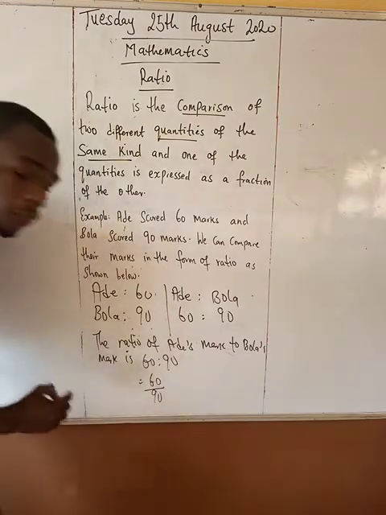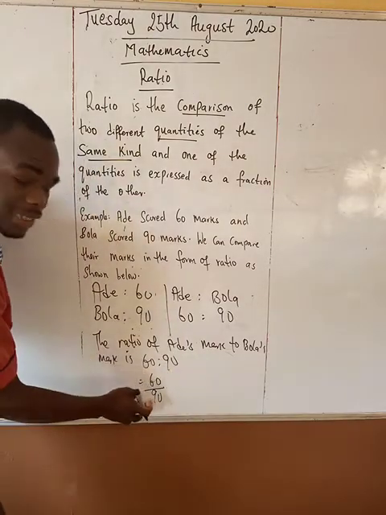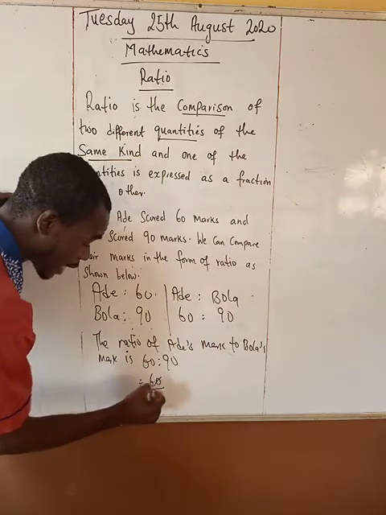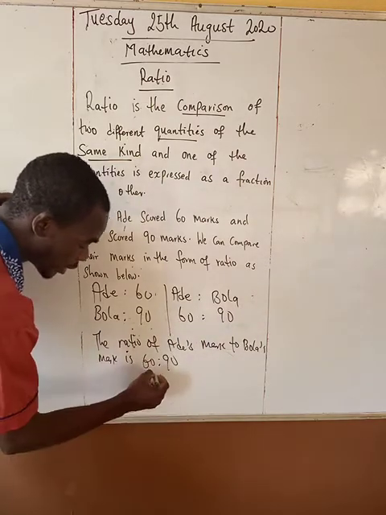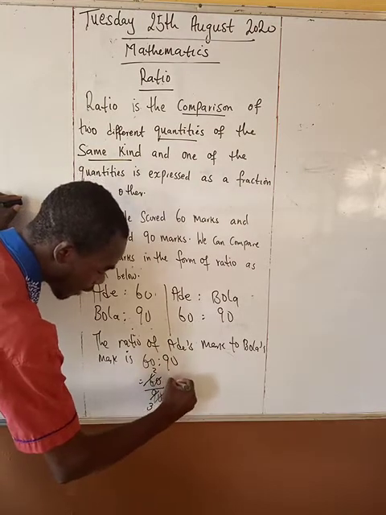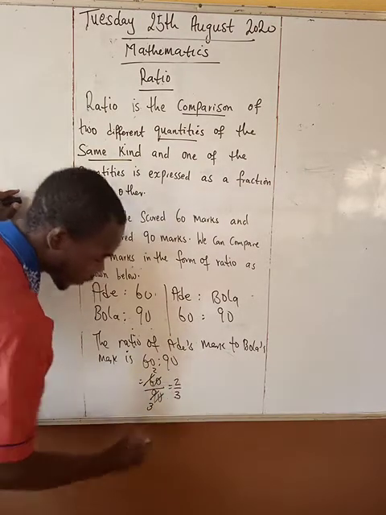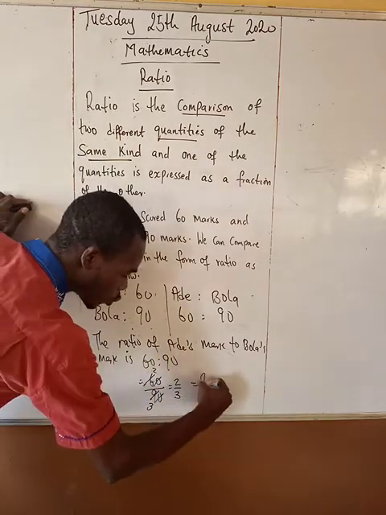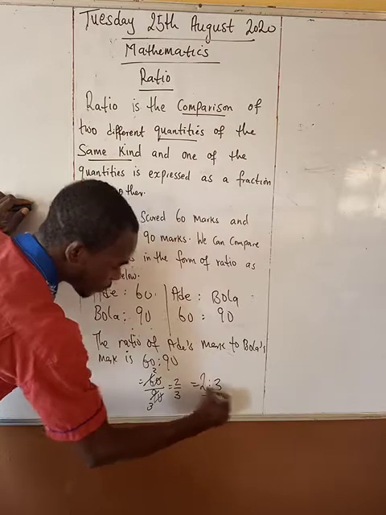Let's not forget, 60:90 is the same thing as 60 over what? 90. What do you do? You cancel out. 0 cancels 0. 3 here is 2. 3 here is what? 3. So you have 2 over 3. Now in ratio, this ratio of the amounts is going to be 2:3.